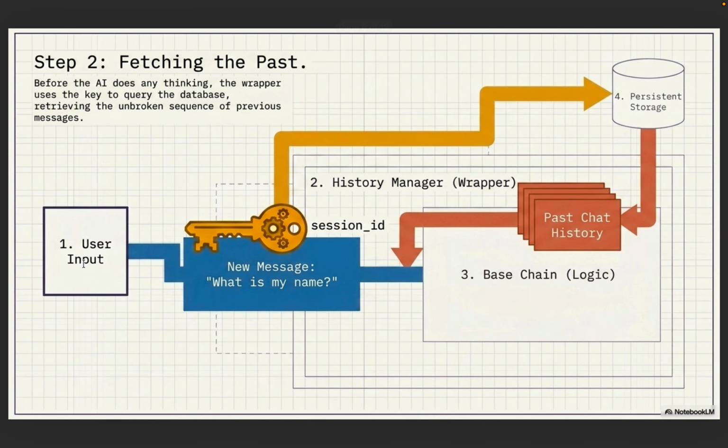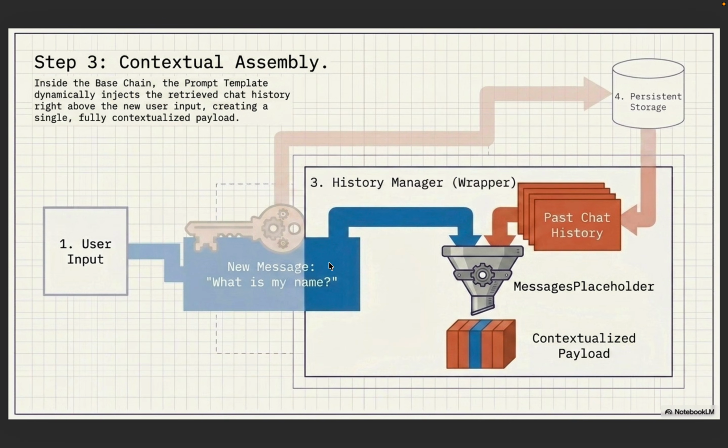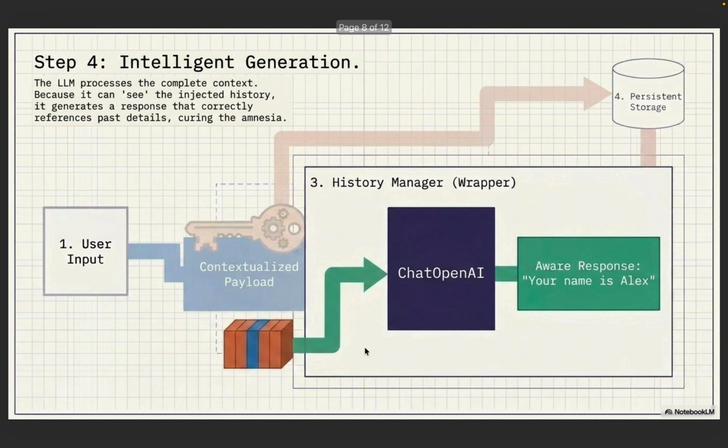Now whenever we get user input, it uses the session ID and, based on the session ID, takes the past history. The user input and the past history are combined using the message placeholder and passed to the LLM. The LLM then has the user input and the context history, so it is able to generate the answer.